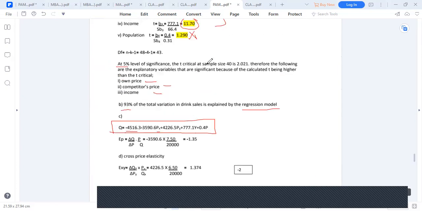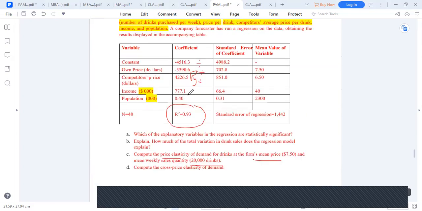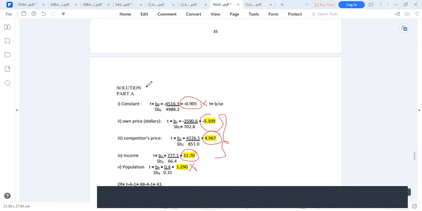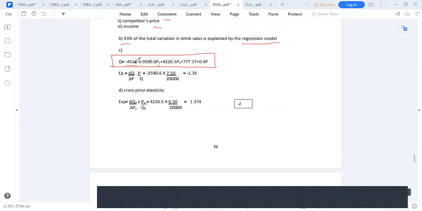Lastly, we also have the population, sometimes you can use N for the population. These are positive. So this is where the regression equation, or the demand function, is coming from. Are we clear on the demand function? Yes. This is captured from the class we had. Remember the similar class on this one, right? So the variables are coming from there.